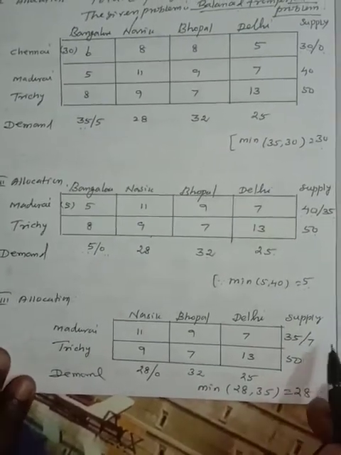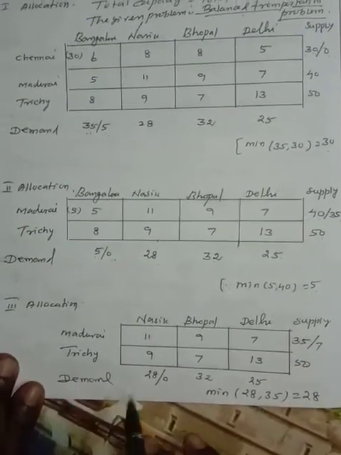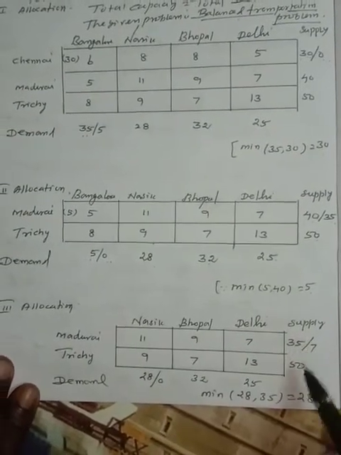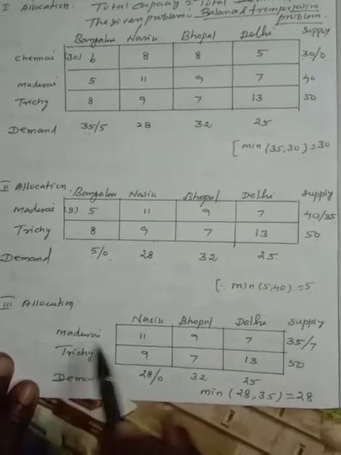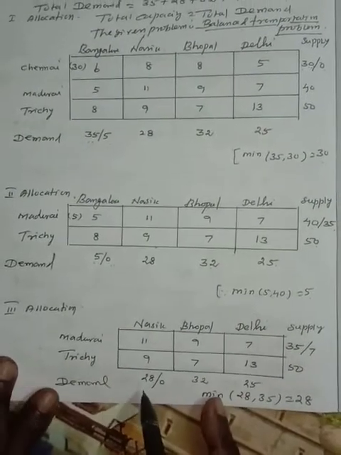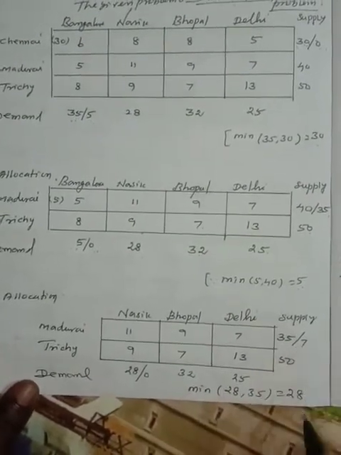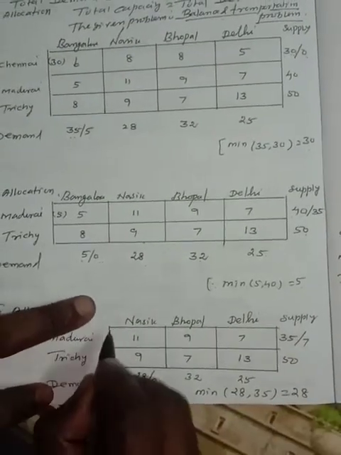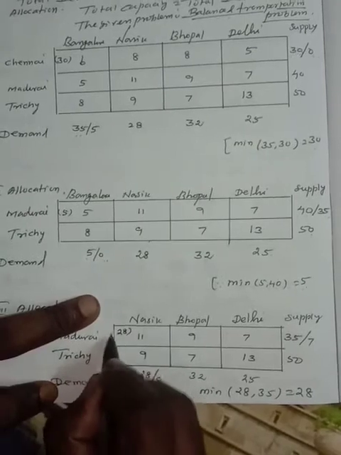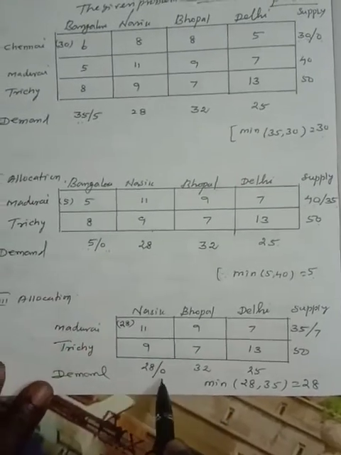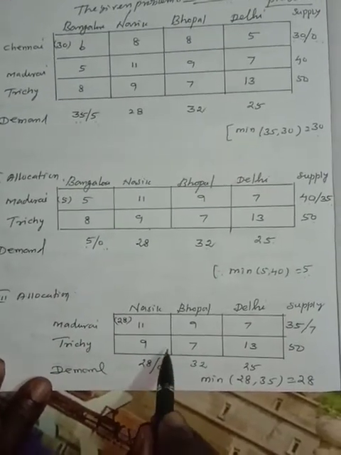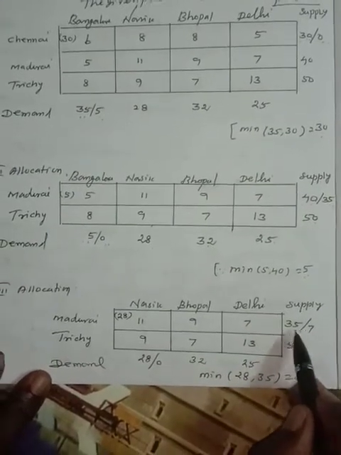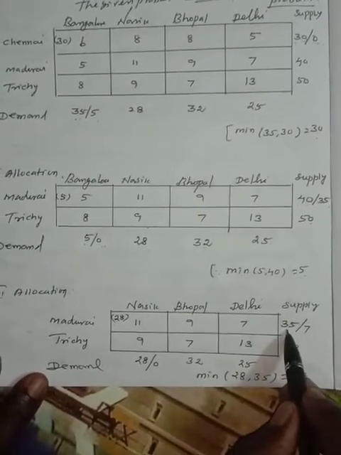Demand 28, 32, 25. Supply 35, 50. Take first row, first column. Minimum of 28 and 35 is 28. So you have to put 28 in the first box. 28 minus 28 is 0, therefore 28 slash 0. 35 minus 28 is 7, therefore 35 slash 7.